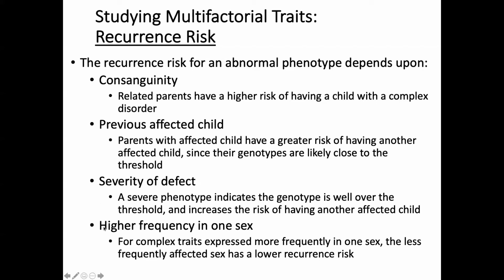Lastly, the higher frequency in one sex. That means the recurrence risk varies with different sex. For instance, a lot more males have color blindness than females, indicating the threshold must be higher for girls than boys.